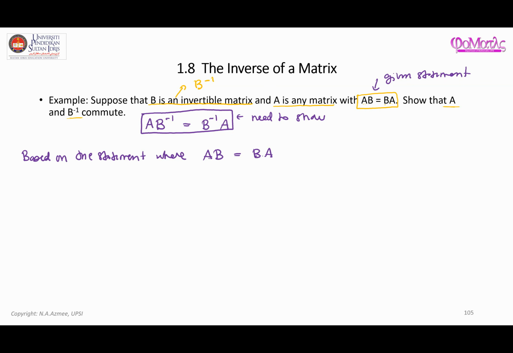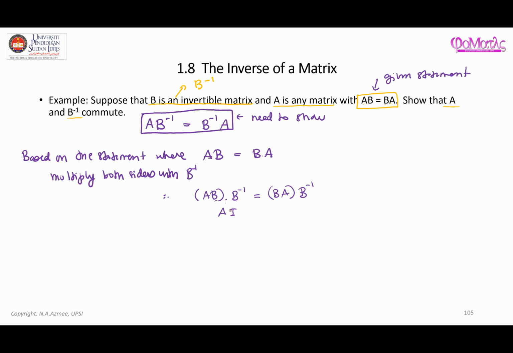We multiply both sides with the inverse of B. Therefore, we will have right here AB multiplied with the inverse of B will be equal to BA multiplied with the inverse of matrix B. And this times this is going to be an identity matrix.